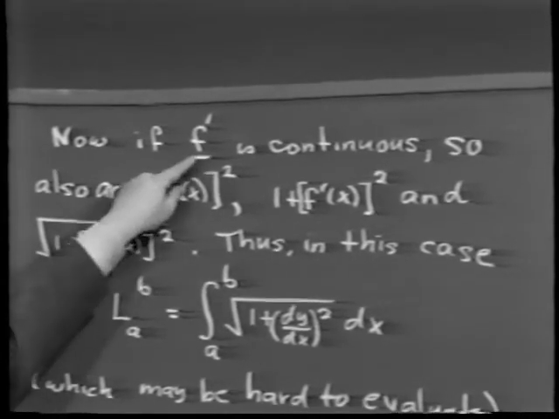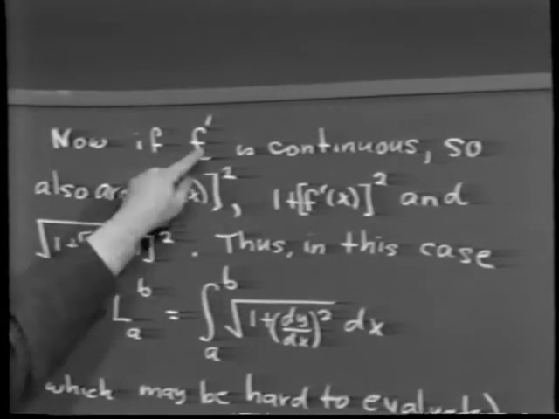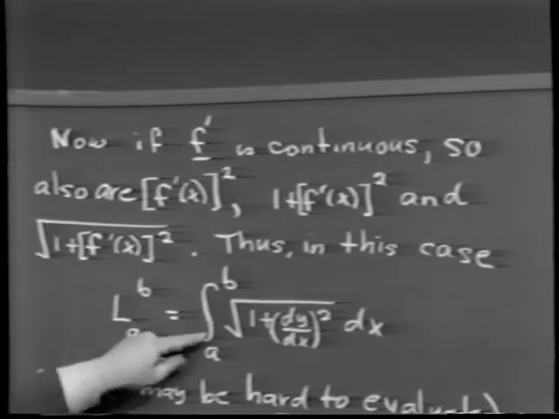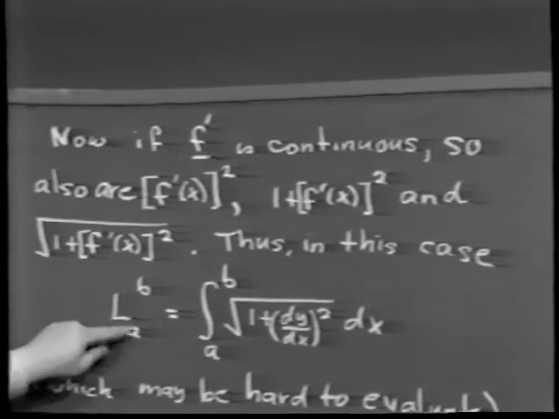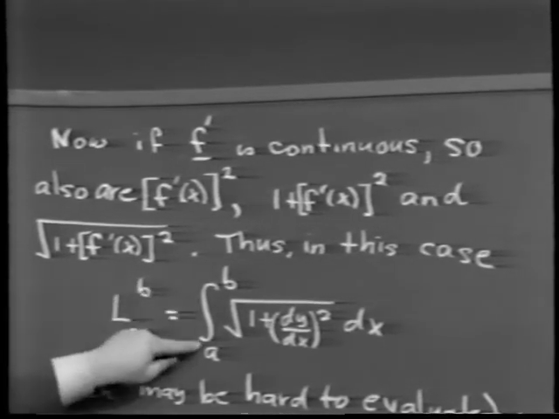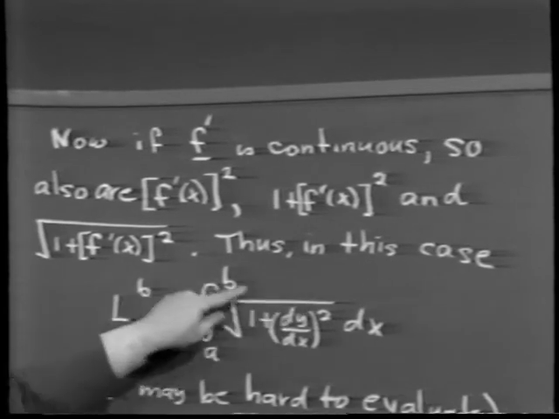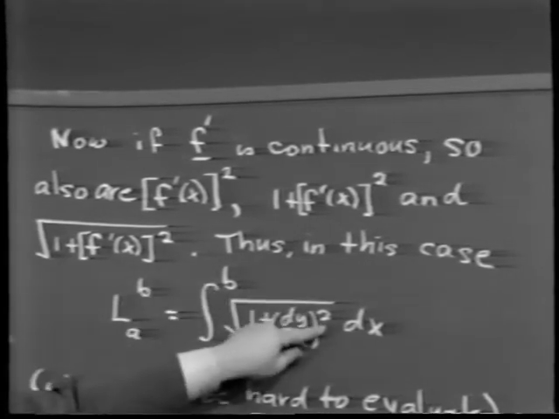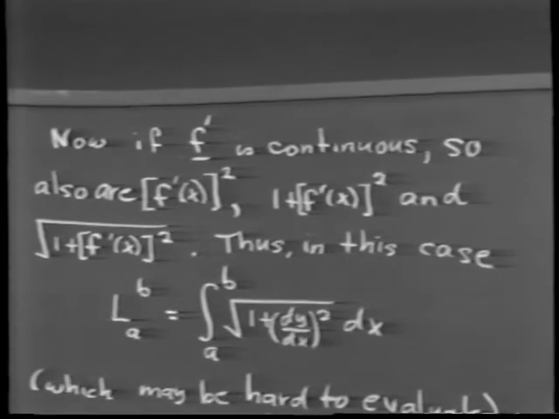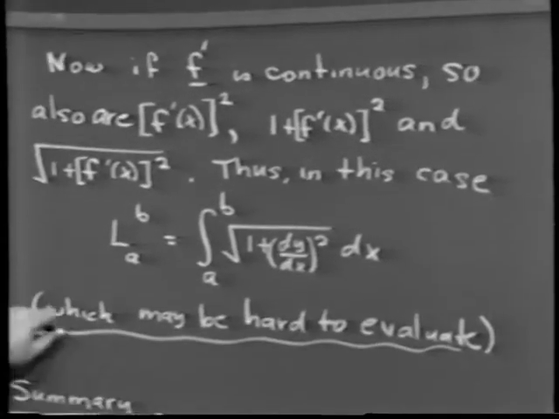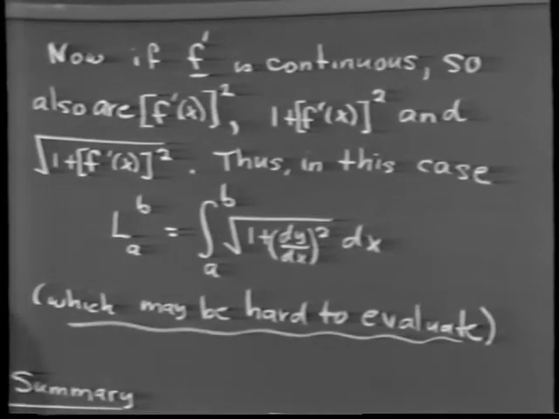And this is a key point: if the derivative is continuous, I can conclude that L from A to B can be replaced by the definite integral from A to B of the square root of 1 plus (dy/dx) squared times dx, which I quickly point out may be hard to evaluate.